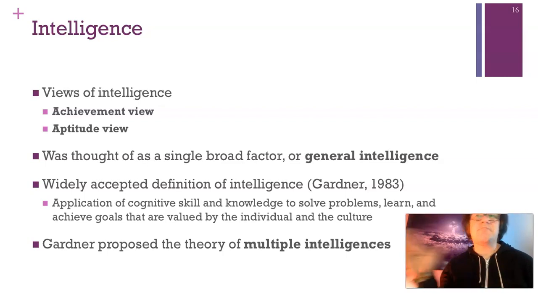And this was kind of just your general intelligence, often referred to as just G, the factor G. We see in Gardner's definition, he kind of opens it up, right? This whole idea of valued by not just the individual, but culture. And Gardner actually developed a theory of multiple intelligences.